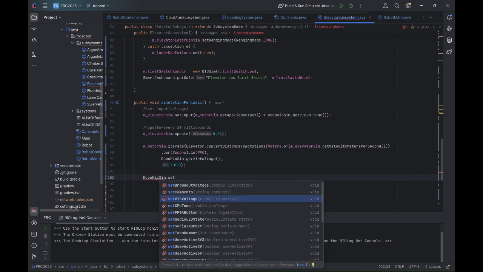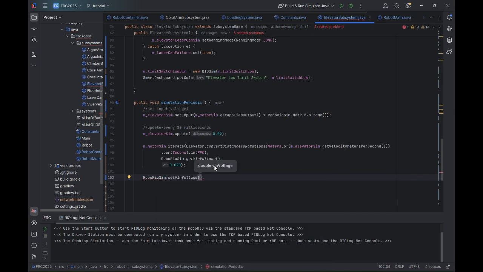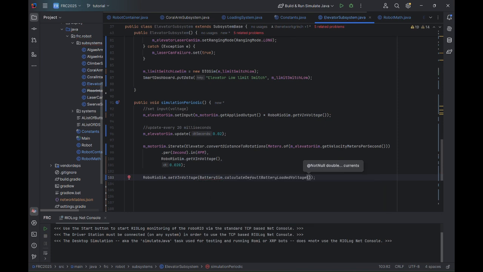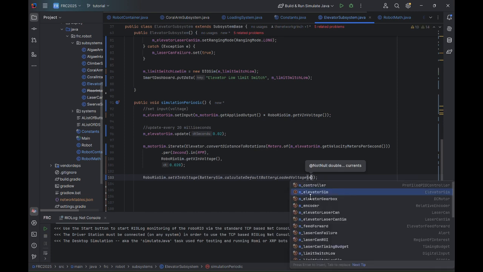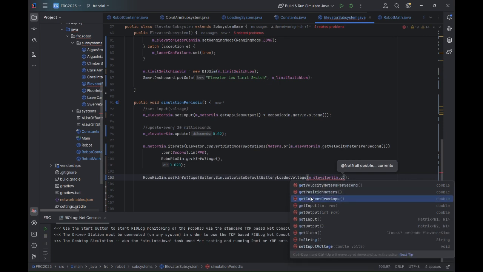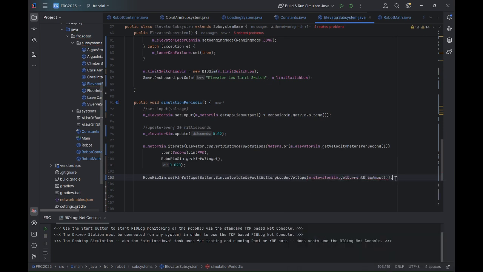Oh yeah, set being voltage. So it's like set the input voltage. Okay, and I'll just type battery default battery. Yeah, so it should be from the currents, which is from our elevator sim and get. Yeah, amps. And yeah, and that should be for the simulation periodic.